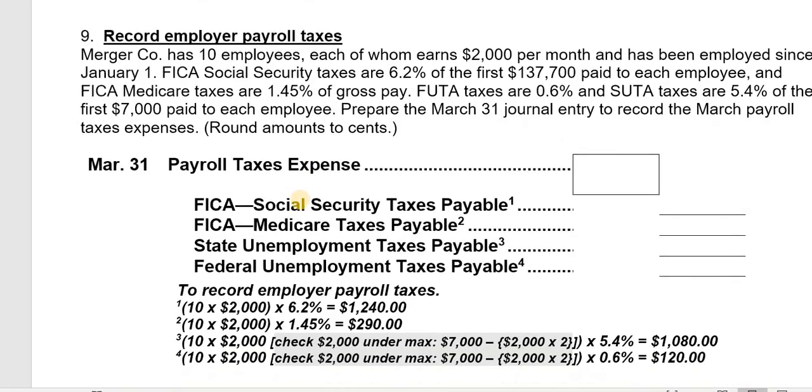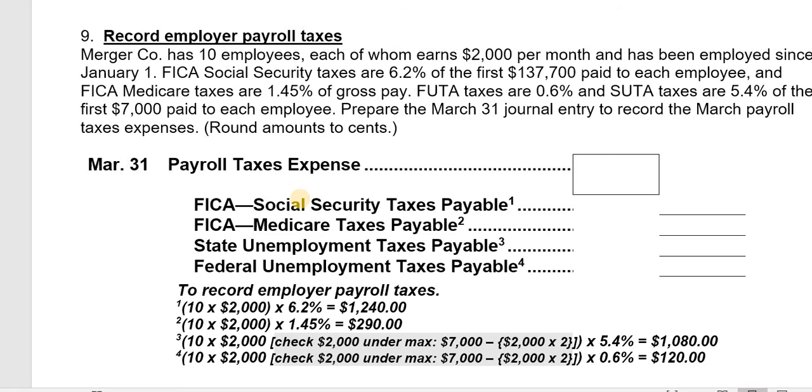Let's look at this one. Number 9, employer payroll taxes. Merger company has 10 employees, each of whom earns $2,000 a month, and has been employed since January. Social Security taxes are 6.2 and Medicare taxes are 1.45 of the gross pay. FUTA is 0.6%, and SUTA is 5.4.